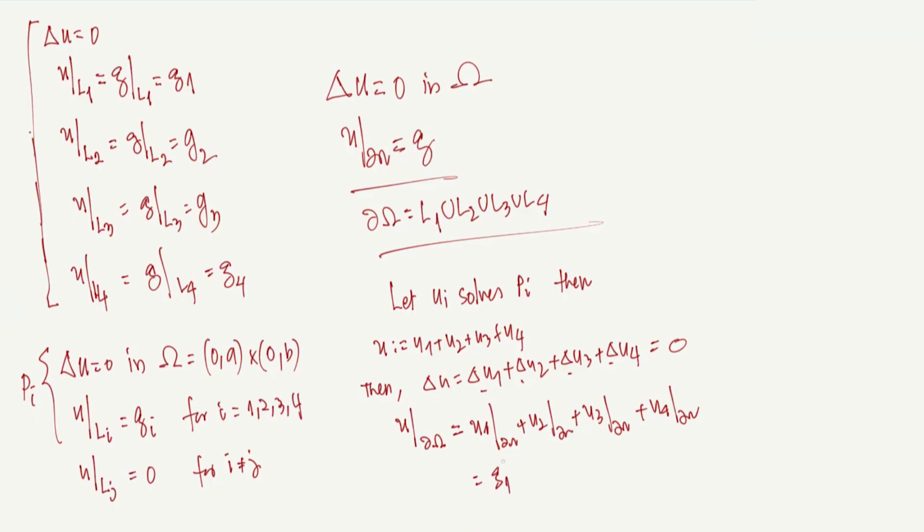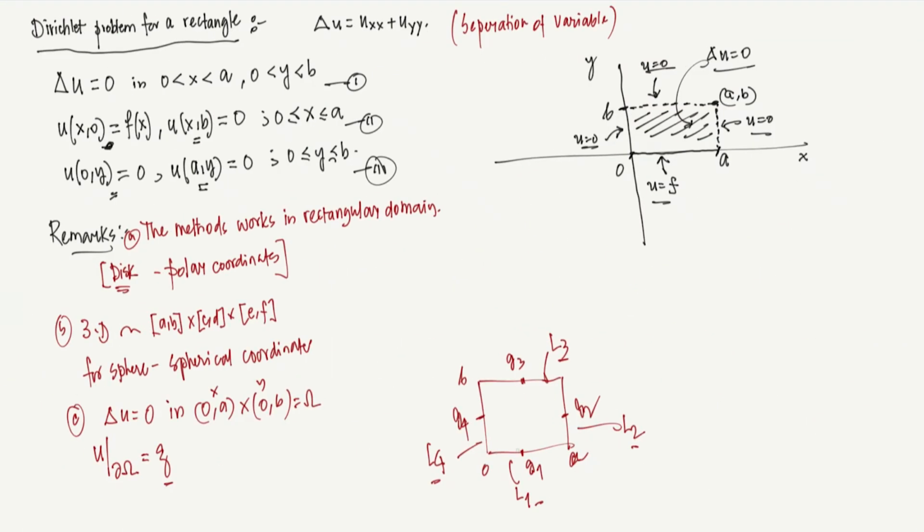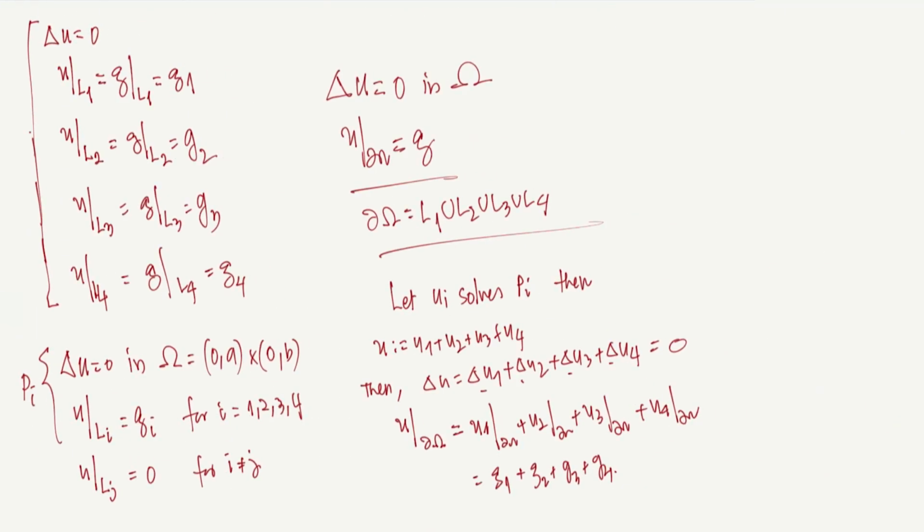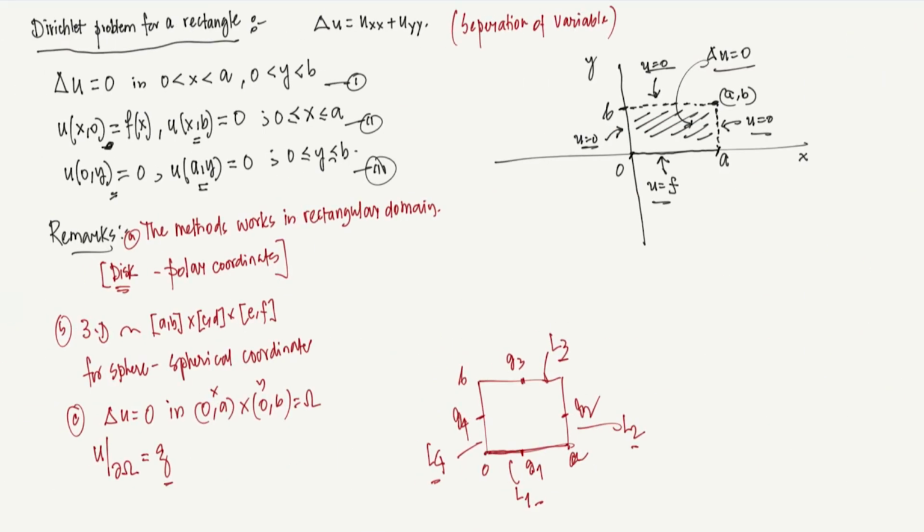So you do realize what is happening here: u1 plus u2 plus u3 plus u4 is g1 plus g2 plus g3 plus g4, right? Okay, so g1 is what? G1 is essentially the function which is g1 here and 0 everywhere else.